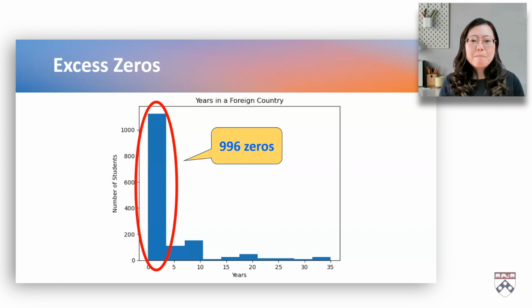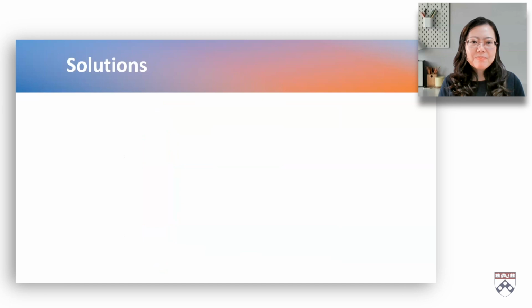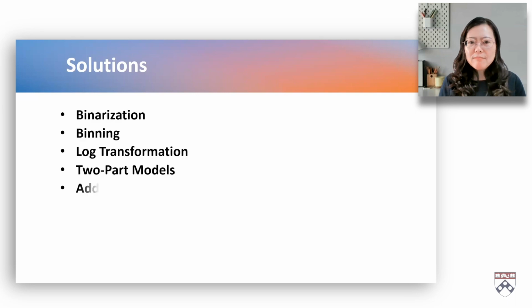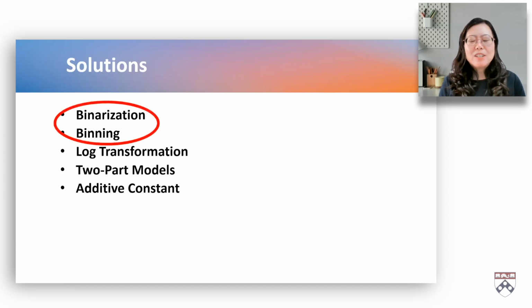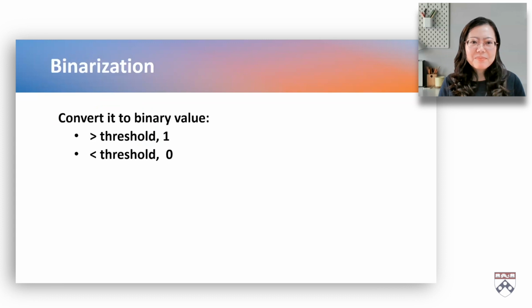This could result in biased estimates, poor model fit, and inaccurate predictions. The strategies to address the zero issue include binarization, binning, log transformation, two-part models, and additive constants. In this video, our emphasis will be on the first two solutions, binarization and binning.